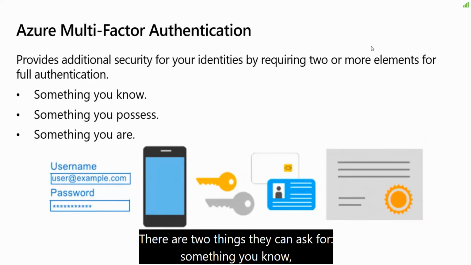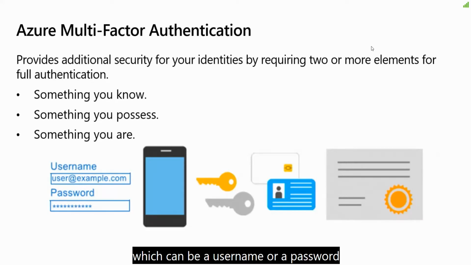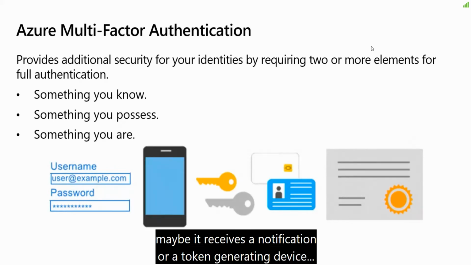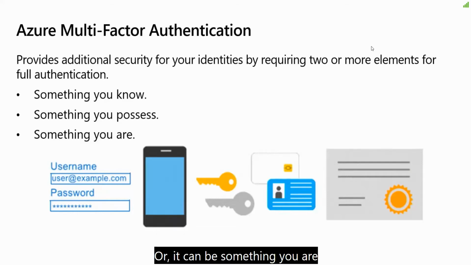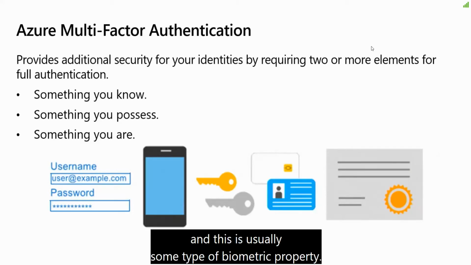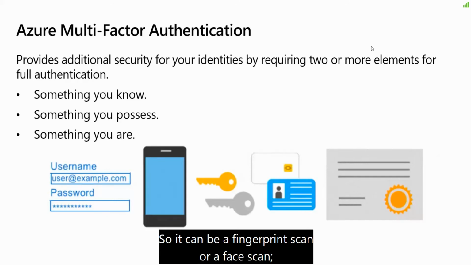There are things that you can ask for. Something you know, which can be a username, a password, or an answer to a security question. Something you possess, which could be a mobile app that receives notifications, or a token generating device. Or it can be something you are, and this is usually some type of biometric property. So it can be a fingerprint scan or a face scan. We see that's pretty common on a lot of phones.